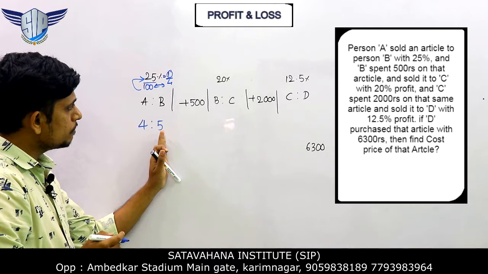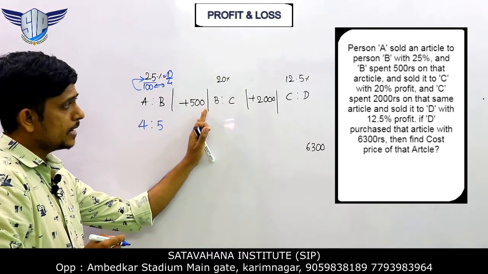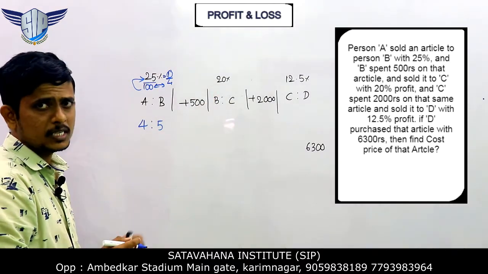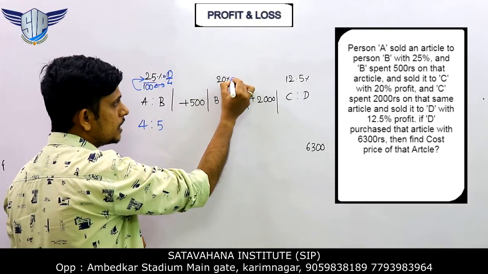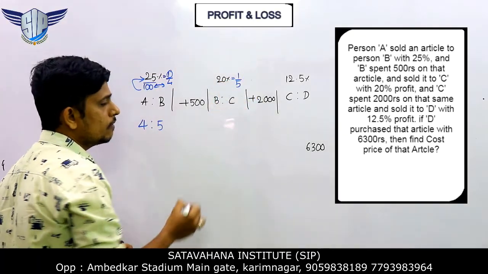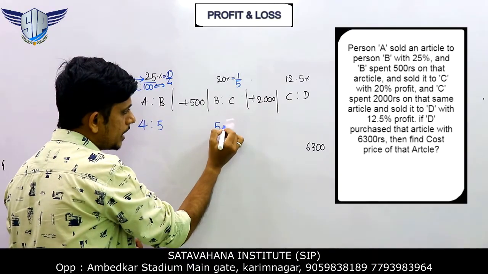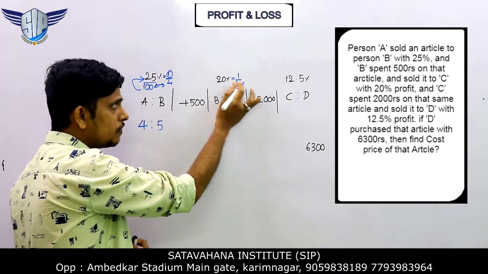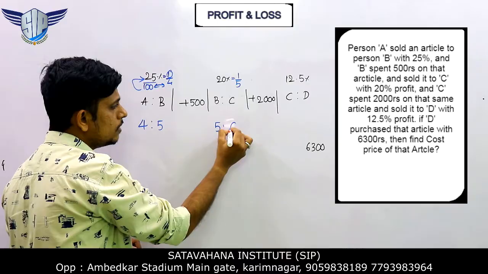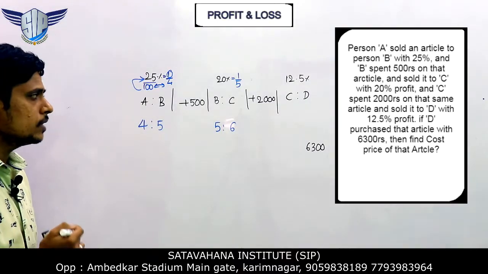And after this B spent 500 rupees and sold it to C with 20% profit. 20% meaning is 1/5. Here instead of 100 I will write 5, and 100 plus 20, or else 5 plus 1, is equal to 6.